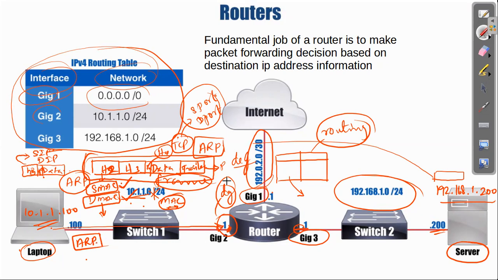The ARP message will go to the default gateway interface, and it will check the IP address of this interface. If the IP address matches this destination IP address, then it will forward the MAC address to the laptop.